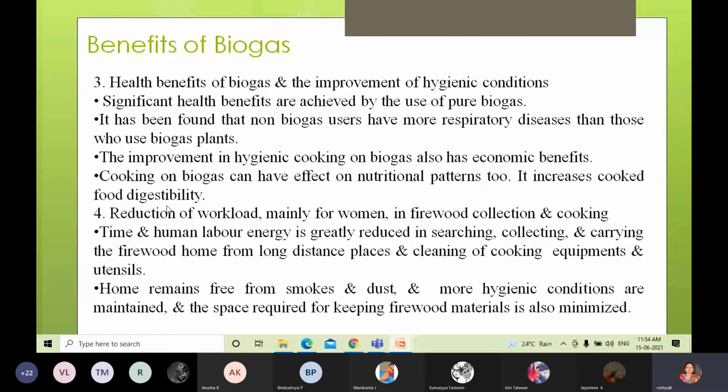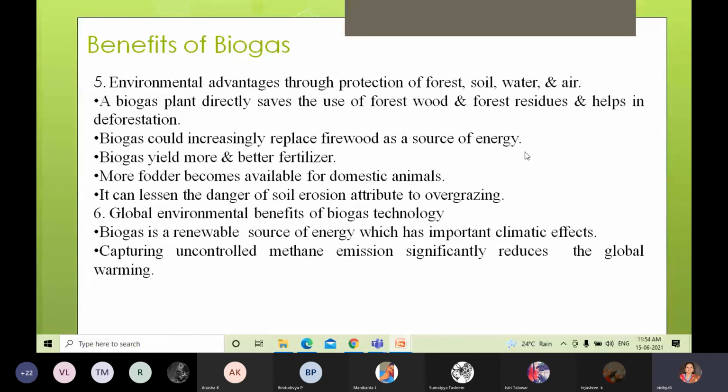It increases cooked food digestibility. What we cook on a gas stove can be digested easily.